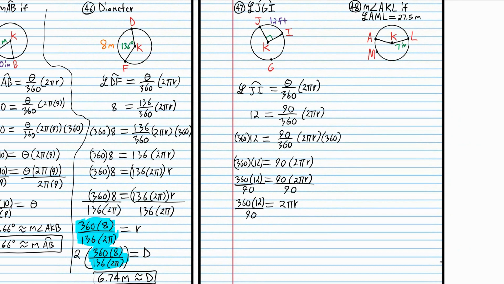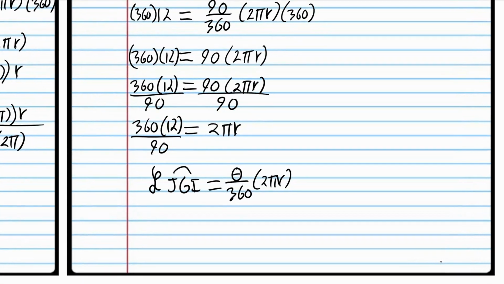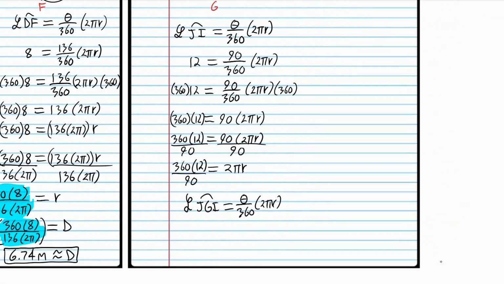So now the formula is the length of arc JGI is equal to the central angle over 360 times 2 pi r, and we just found 2 pi r, so we can just plug that in. That's why I'm being sneaky there. Now we don't have the central angle yet, so I'm going to move this down.